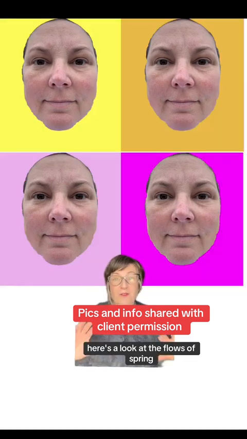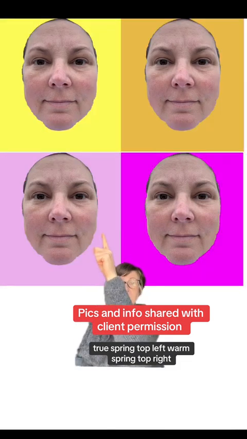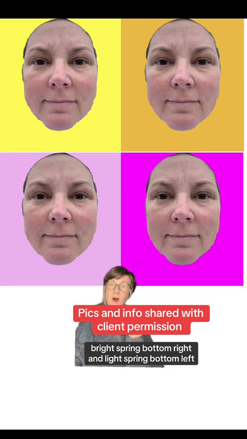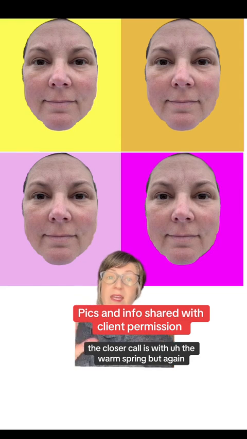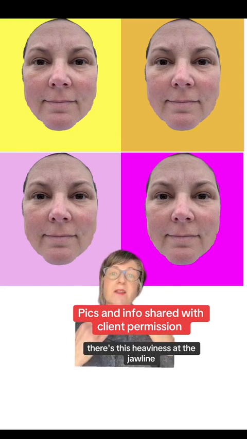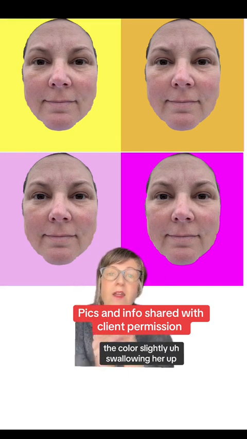Here's a look at the flows of spring. True spring top left, warm spring top right, bright spring bottom right, and light spring bottom left. And true spring is the winner. The closer call is with the warm spring, but again, there's this heaviness at the jawline, the color slightly swallowing her up.